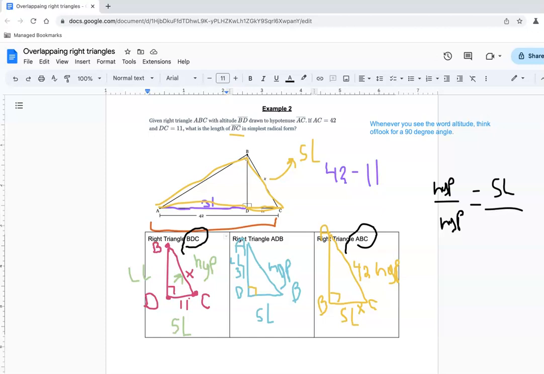The only thing is, if you do the left triangle over the right triangle, you have to do the left triangle over the right triangle on both sides. So in this case, we're going to do X over 42, because hypotenuse divided by hypotenuse. And now 11 over X.